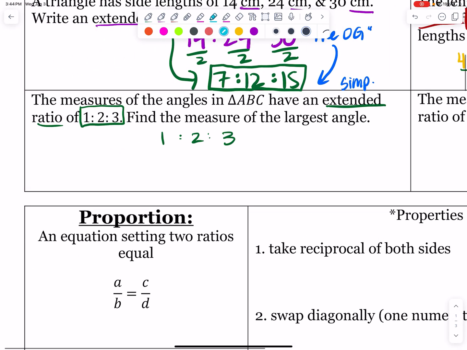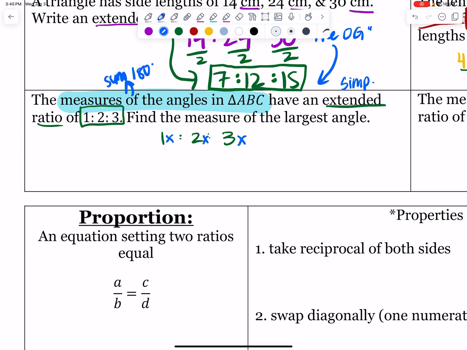It doesn't give you necessarily what all the angles should add up to, the measures of the angles in the triangle, but we know from last semester that the measures of the angles of any triangle should always have a sum of 180 degrees, no matter what it is. So I know that this had to have been reduced because 1 plus 2 plus 3 is 6, which is not 180. So I'm going to throw an x next to each of these.